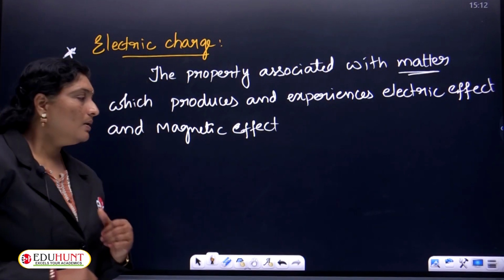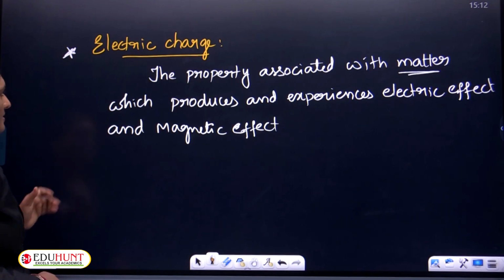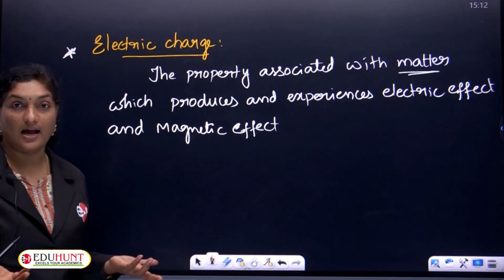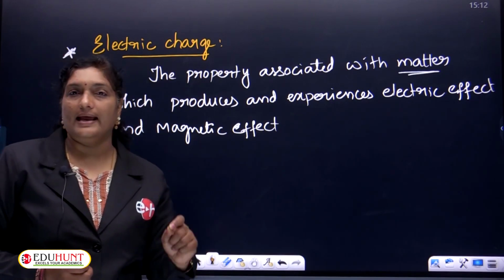Okay. So now let us also try to understand one more fundamental regarding this electric charge. From where is this electric charge being produced? Okay. So origin of electric charge.